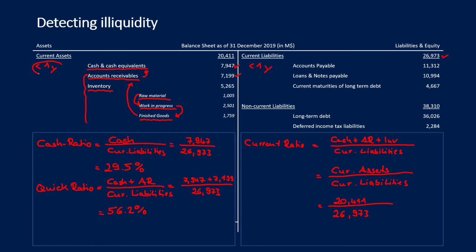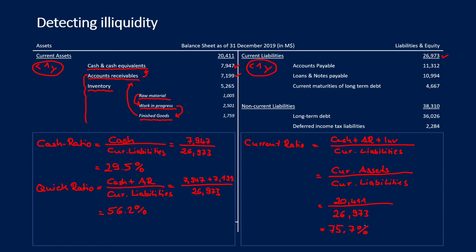So this is in line with this. So what's that? That's 75.7%.